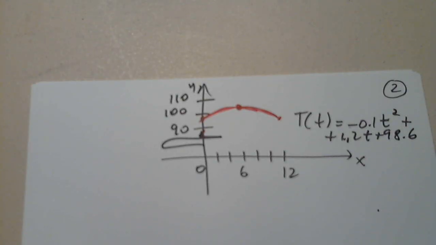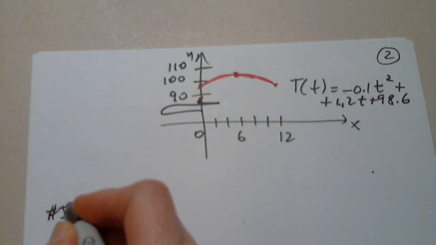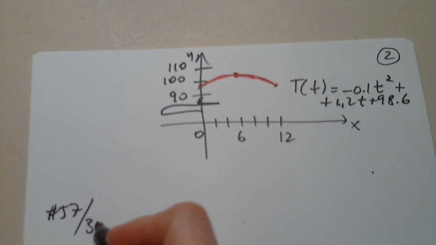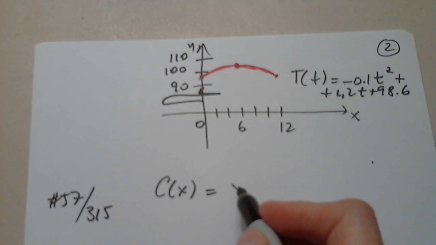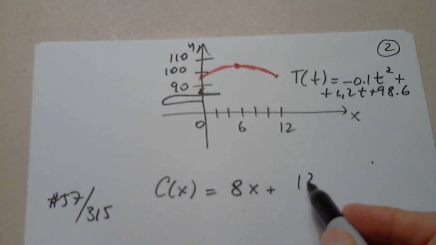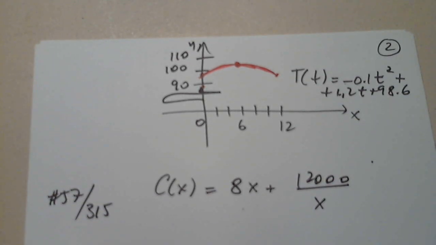Is this something we want to look at? Okay, perfect. Let's work on it. So this is problem 57 on 315. And we have C of X equals 8X plus 12,000 over X. Okay.